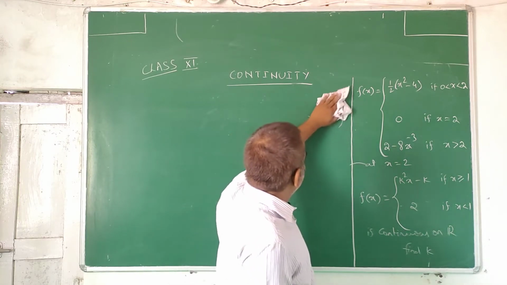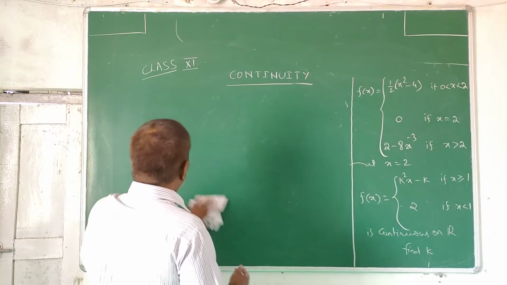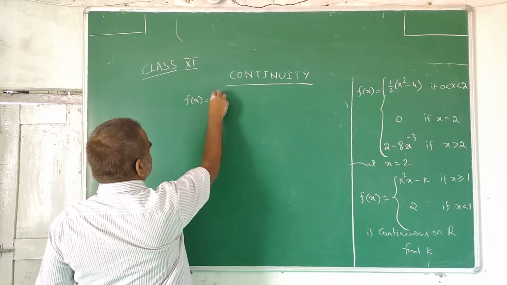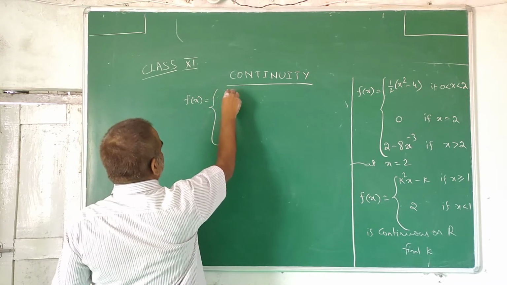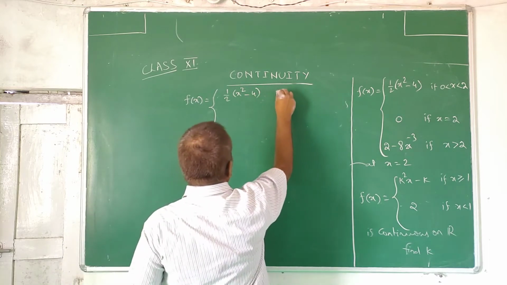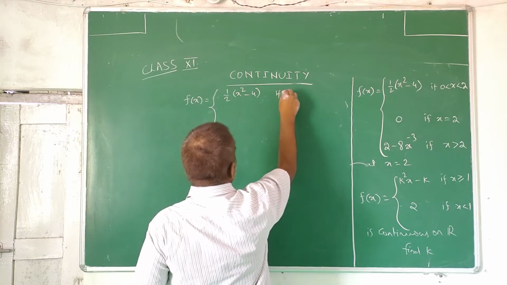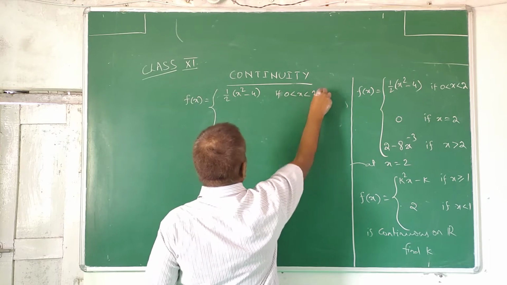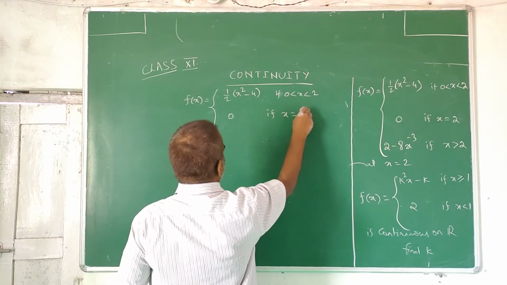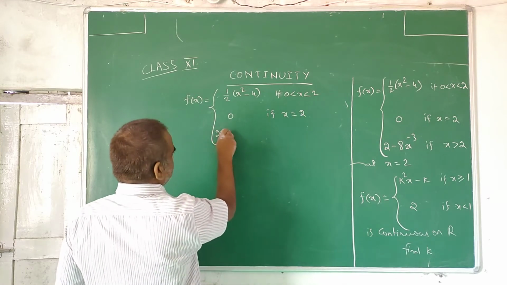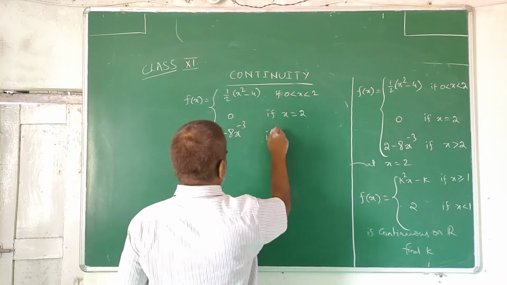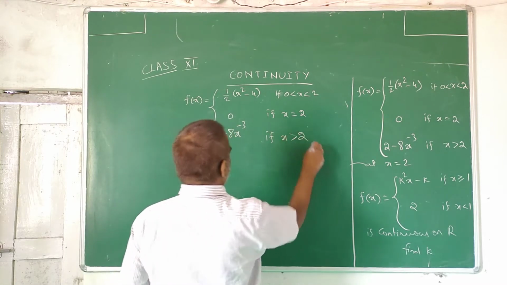Now let us take one problem. f of x is given by half into x square minus 4 if 0 is less than x less than 2, and it is 0 if x is equal to 2, and it is 2 minus 8 into x power minus 3 if x is greater than 2.